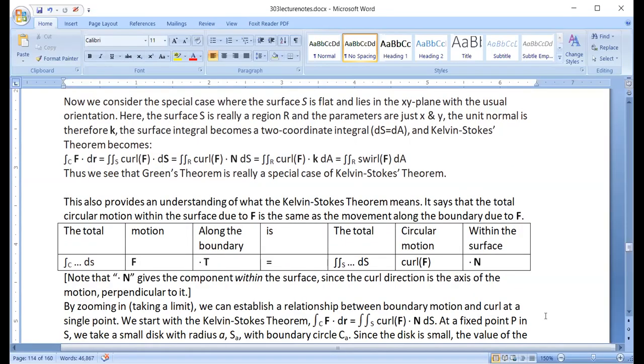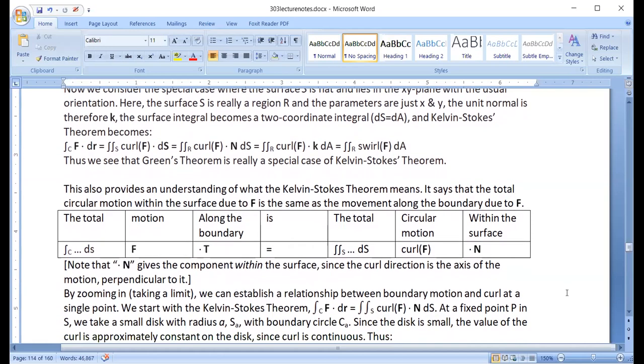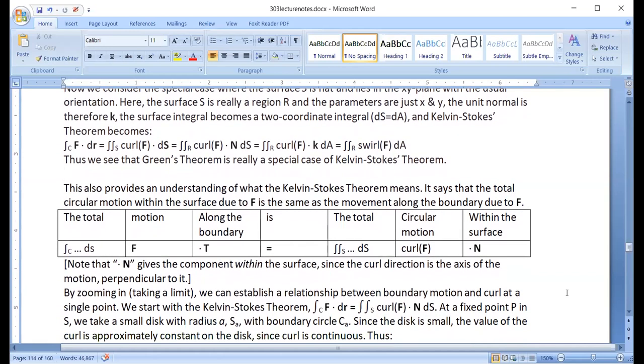Now let's take a small disk with a radius a. We're going to call that S sub a, and it's going to have a boundary circle, C sub a. Since the disk is small, the value of the curl is approximately constant over our entire disk, which is over our entire little surface.